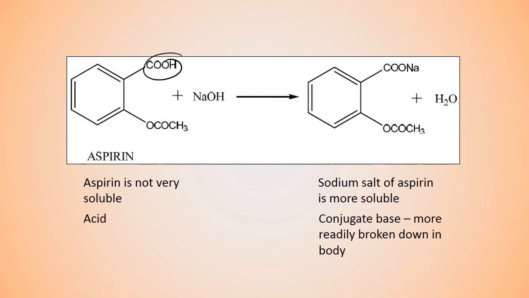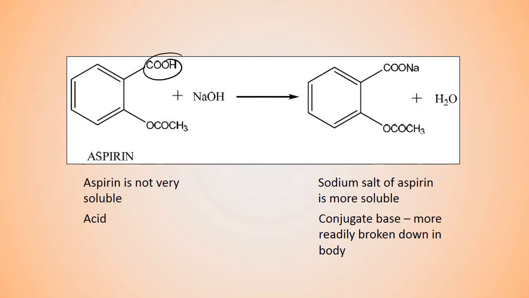And we know that it is a weak acid because it has the carboxylic group. Because it's not very soluble, that's one of the side effects of why it's such a strong irritant to the stomach as well, because it's going to kind of sit in the stomach and not break down, therefore causing some irritants to our stomach. But to make aspirin a little bit more soluble, we are going to change the form a little bit so that when we do swallow aspirin, it's not pure aspirin. It actually has been modified so that it can be dissolved in our body a little bit easier.